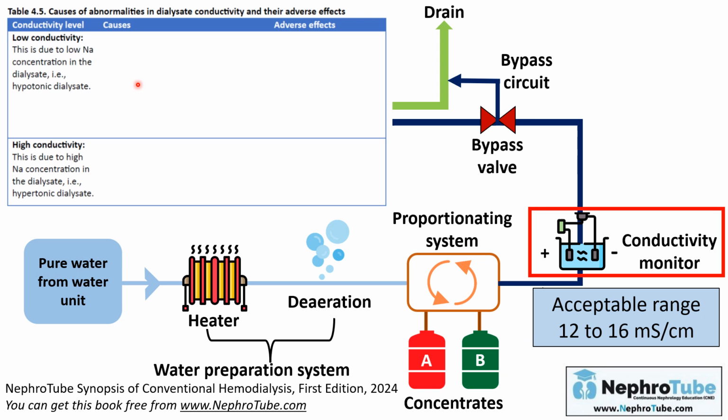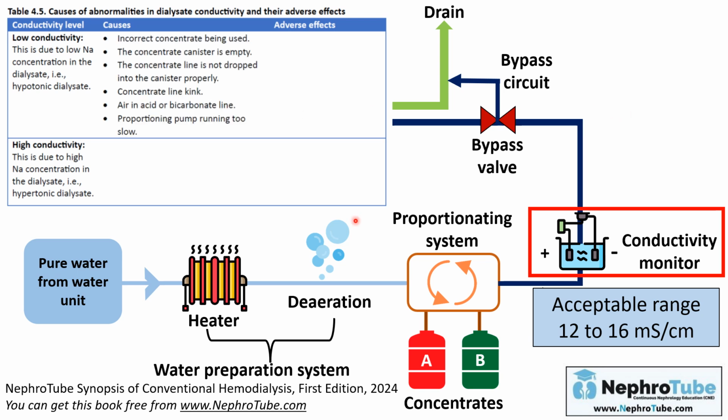We mentioned that low conductivity is usually due to low sodium concentration in the dialysate, so the dialysate is hypotonic. What may cause a hypotonic dialysate? First of all, you are using incorrect concentrates. There is a problem in the concentrates that you are using. Or the concentrate canister is empty, the A concentrate is empty, so the mixing ratios are deviated.